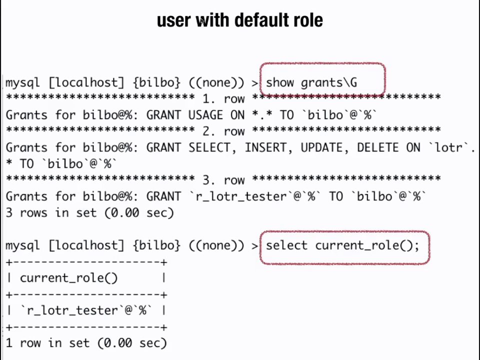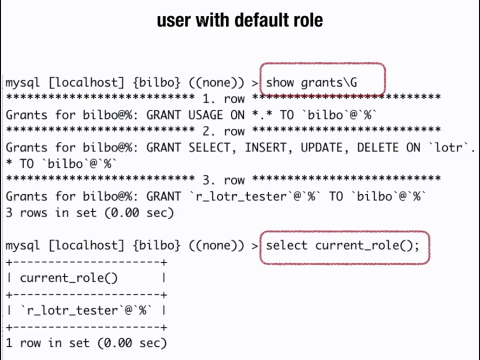And what do we get? We get the grants for Bilbo, that is usage. And then we get the grants that come from the role: select, insert, update, delete, and we get the explicit privileges because there is a default role.